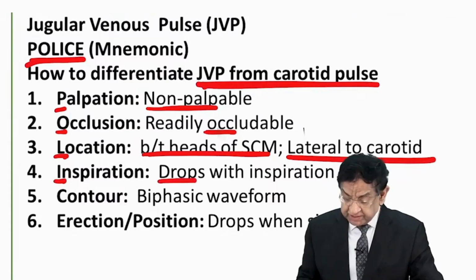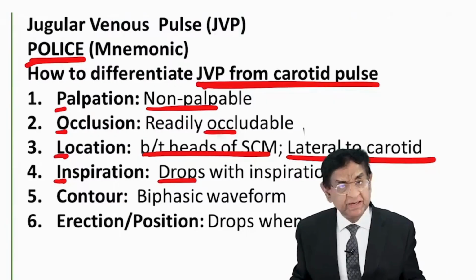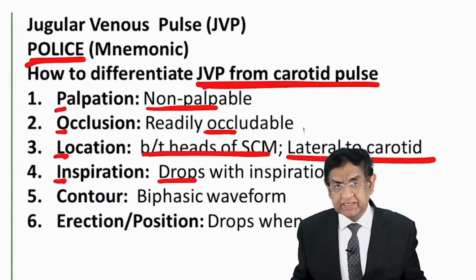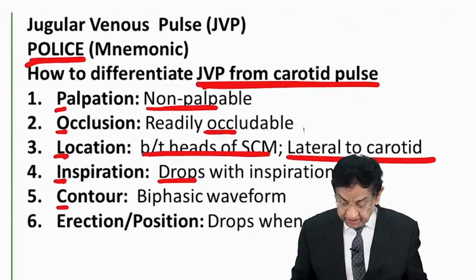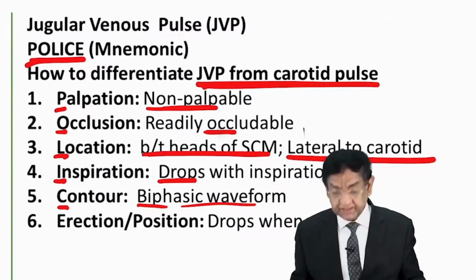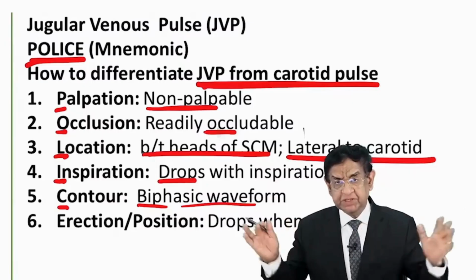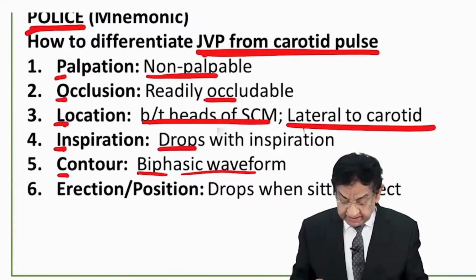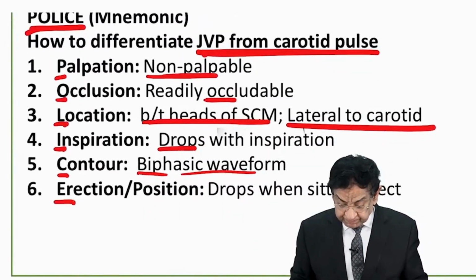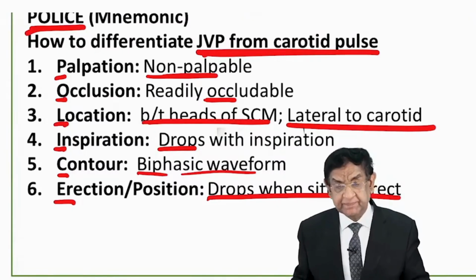Inspiration: there is a fall of JVP in inspiration. Carotid doesn't change with inspiration. Contour: JVP is a biphasic waveform. In contrast, carotid is just like an outward thrust. And finally, position: JVP drops when sitting erect.